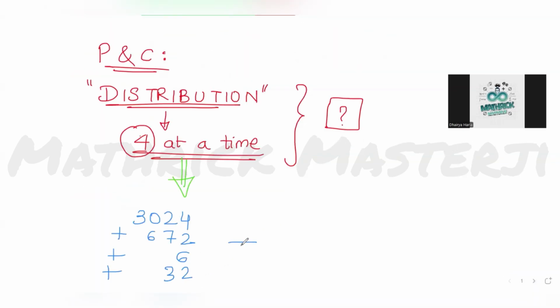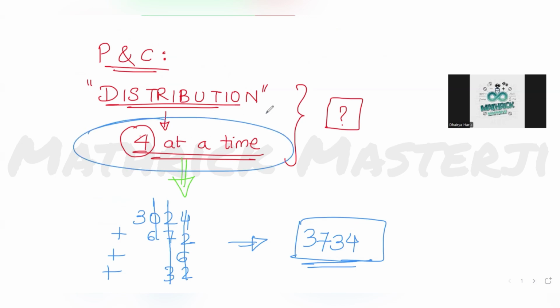So in total, how many words I can form is 3,734 words with this condition, taken 4 at a time out of the letters of the word distribution.